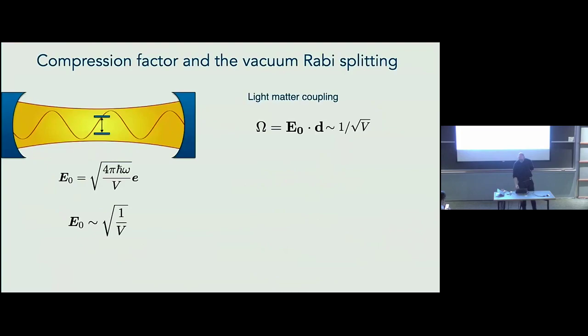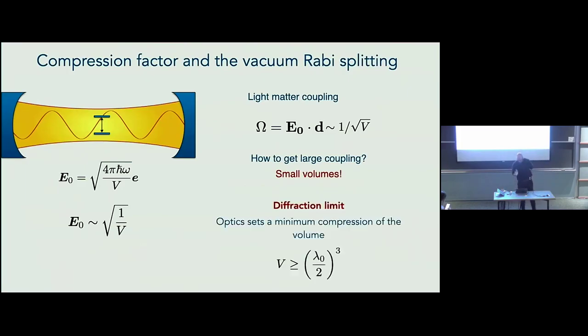But there is this thing that is a cavity where you put mirrors to confine the electric field. I guess all of you know that. And since this vacuum electric field is scaling like 1 over square root of V, if you compress the mirror, you get very high coupling. And then this means that you are kind of tempted to go to very small volumes.